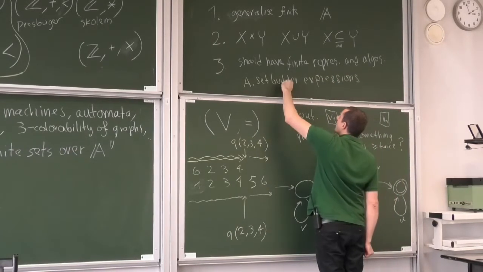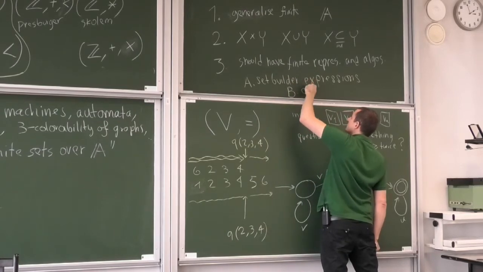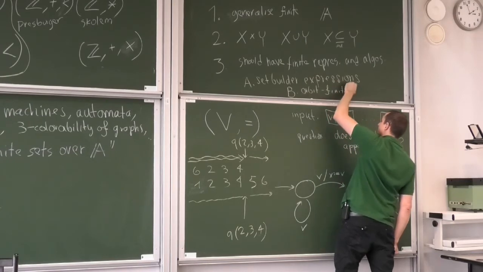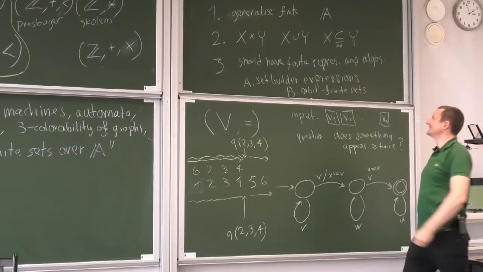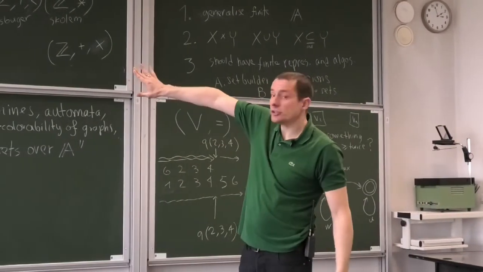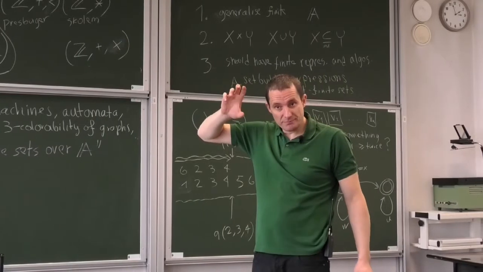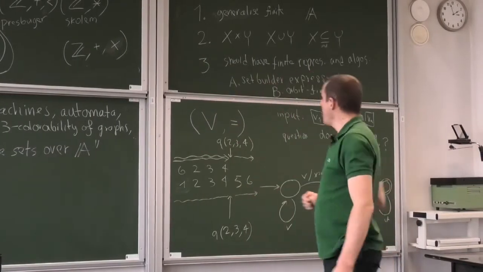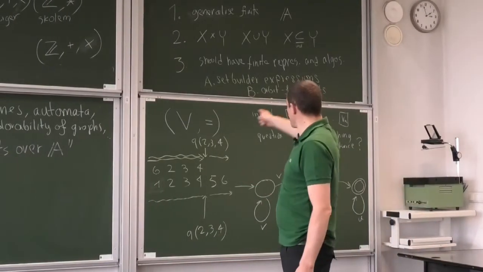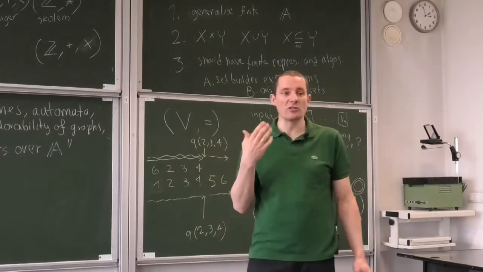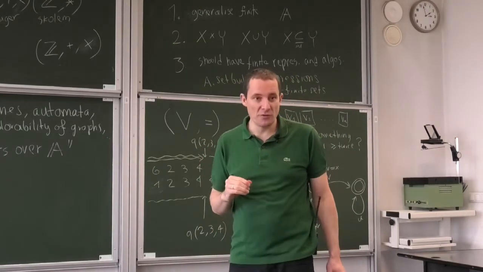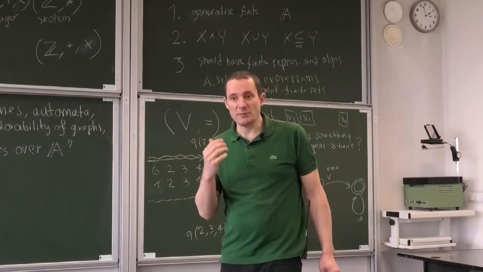And the notion B will be orbit finite sets. It will turn out that for the good structures, these are the same. This will require some proof. But in general, they are different. In fact, the orbit finite sets are only meaningful in the good structures. So whenever they are meaningful, they're equivalent to these set builder expressions.